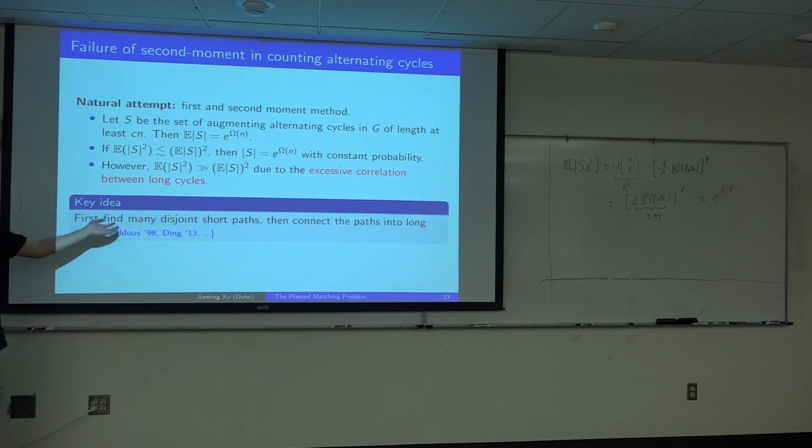So why don't we just start from short paths? If we can find many disjoint short paths, then in the second step, we can try to piece them together, connecting these paths into long cycles. This idea is called a sprinkling idea. It actually appeared previously in the random graph literature, but for a different purpose.